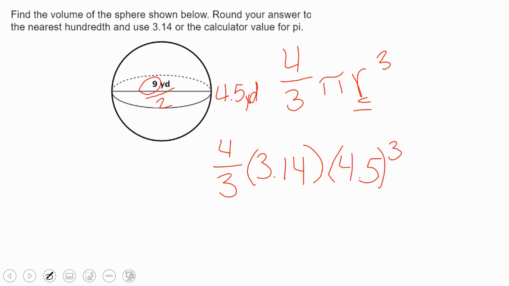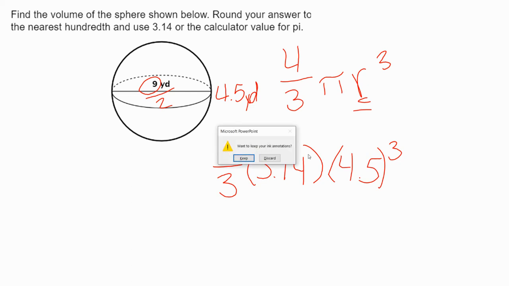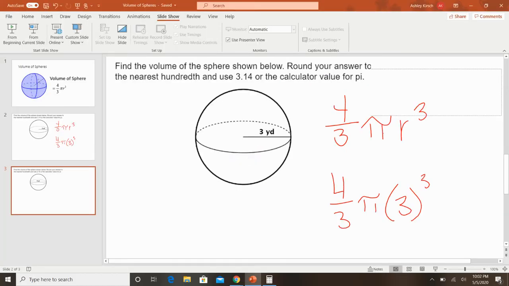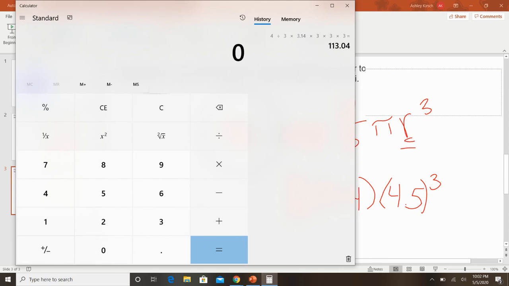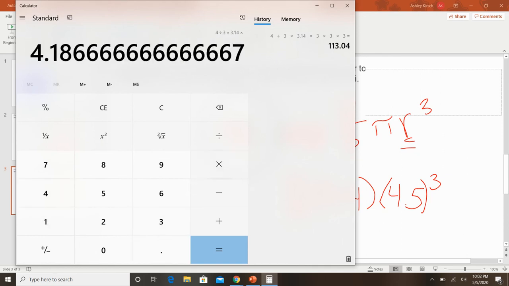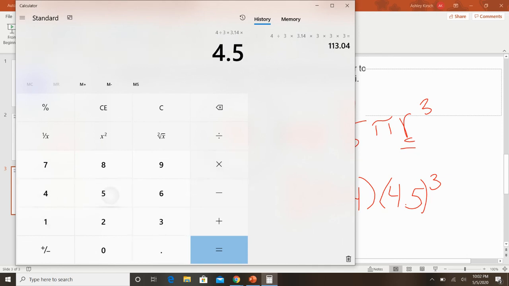Again, I'm going to type that into my calculator. All right, so this time I have 4/3, so 4 divided by 3 times 3.14. And now my radius is 4.5, so times 4.5, 4.5, and 4.5.